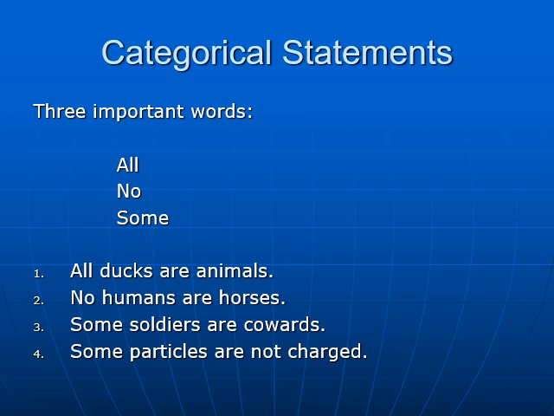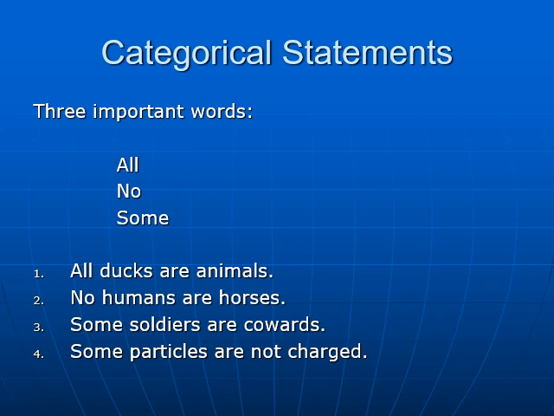Now you may notice that we've got two that seem to say something positive, that assert something. All ducks are animals, and some soldiers are cowards. We've also got two that seem to say something negative. They deny something. No humans are horses. Doesn't say what humans are, but none of them are horses.